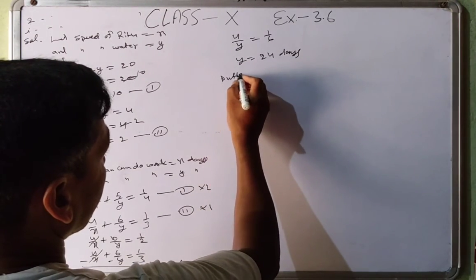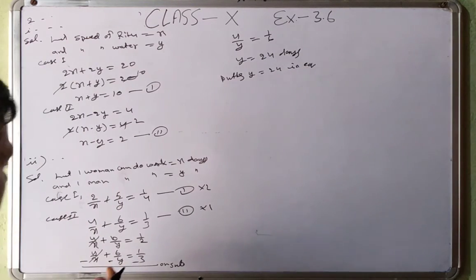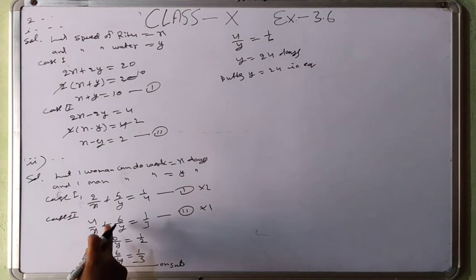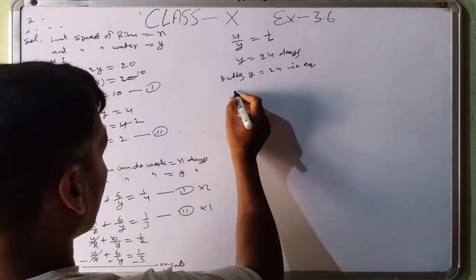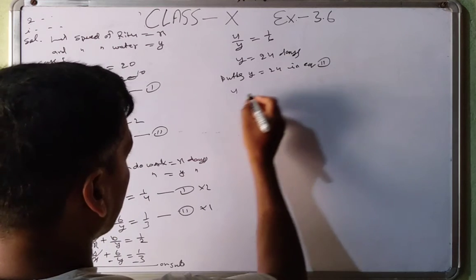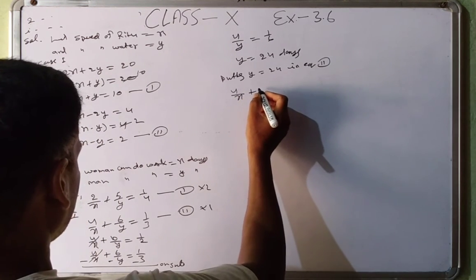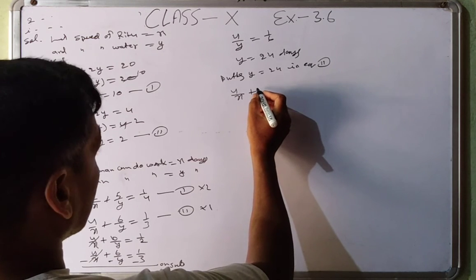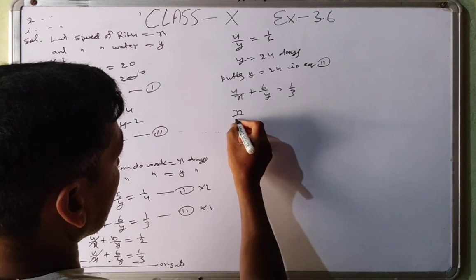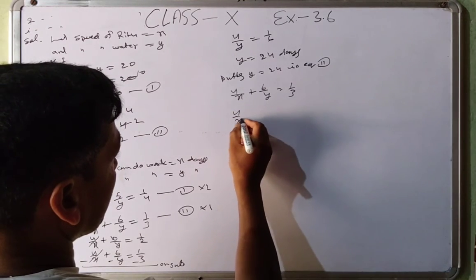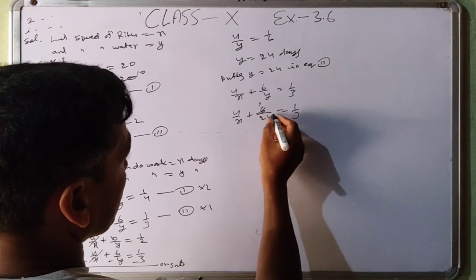Putting y equal to 24 in an equation. Which equation is better? This equation is better. So in equation second, 4 upon x plus 6 upon y is equal to 1 upon 3. So 4 upon x plus 6 upon 24 is equal to 1 upon 3. 6 fours are 24.